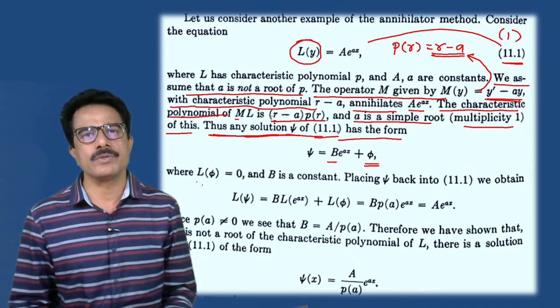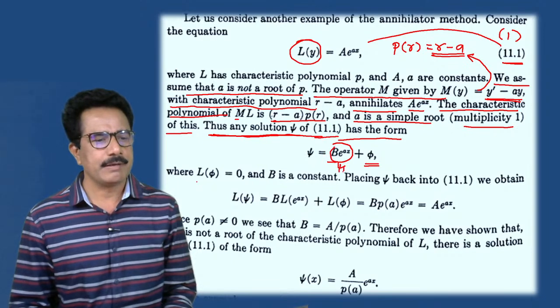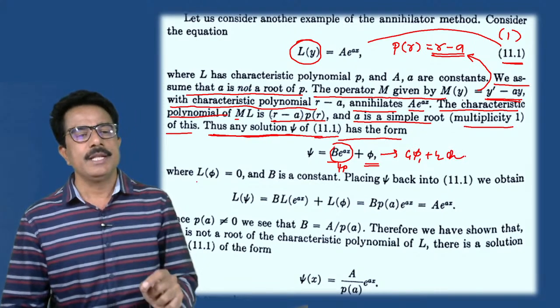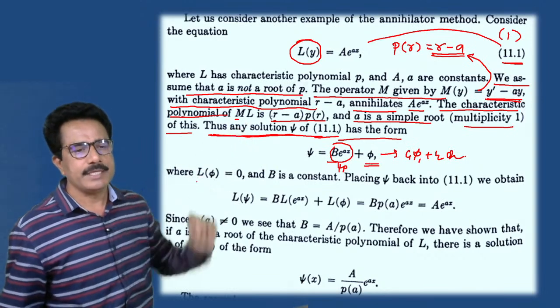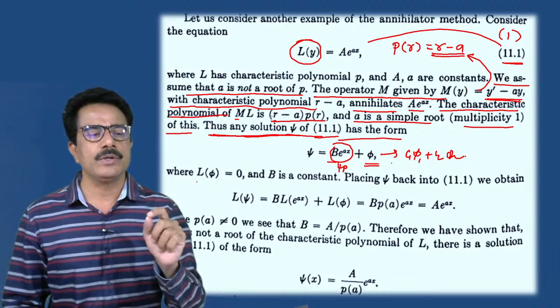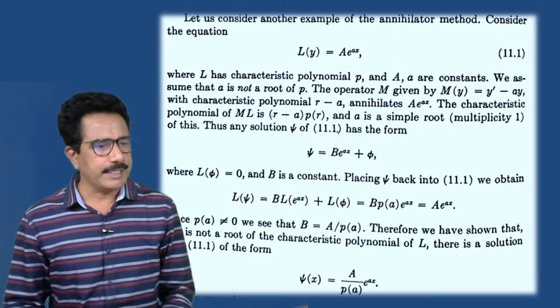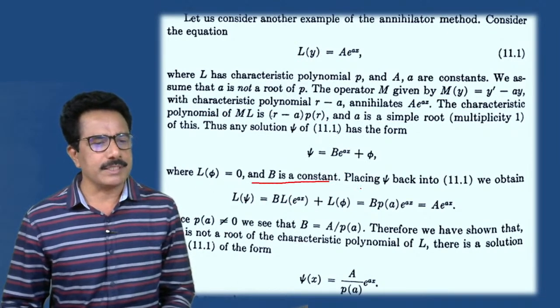That is psi p plus c1 phi 1 plus c2 phi 2 in general, but the example we have taken is first order, so we only have to write phi equals c1 e raised to r1 x. And b is a constant.